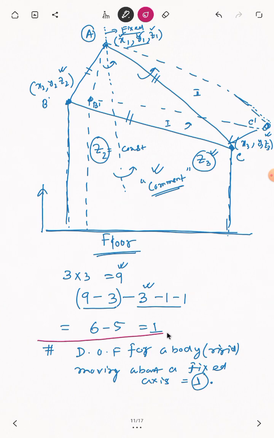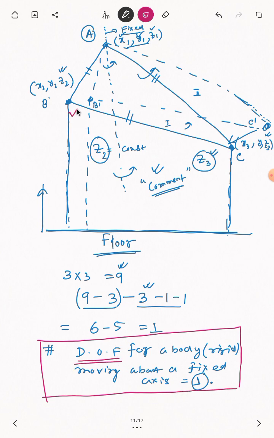Even if we just forget about the degree of freedom structure, that means this particular detailed structure, in the exam hall it does not matter much if we can just recall this result. That means a fixed axis or the door of a railway carriage enjoys just 1 degree of freedom.